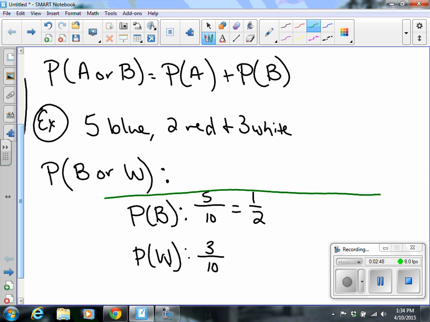So the probability of the blue was, I'm actually just going to leave it over 10, just because it'll be easier for addition. I'm going to have 5 over 10 plus the probability of the white is 3 over 10. When you're adding fractions, remember you have to have the same denominator and you add only the top. So I have 8 over 10, and I can reduce that to 4 over 5.